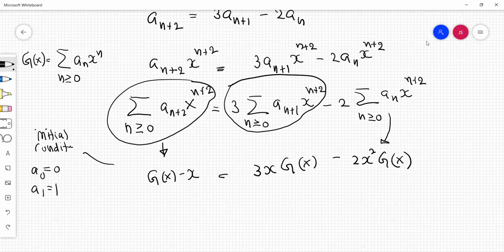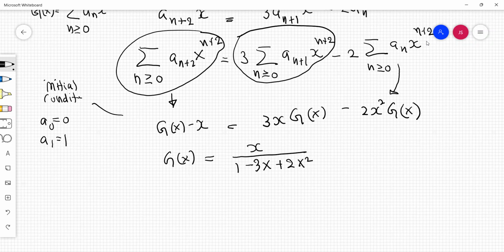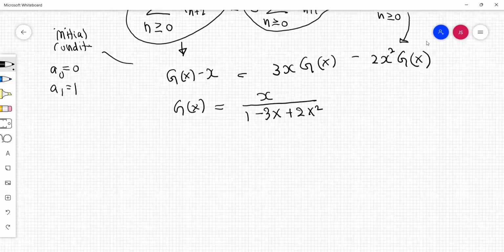Now, if you take the G(x) there, you can find G(x) by algebraic manipulations directly. So that is G(x).